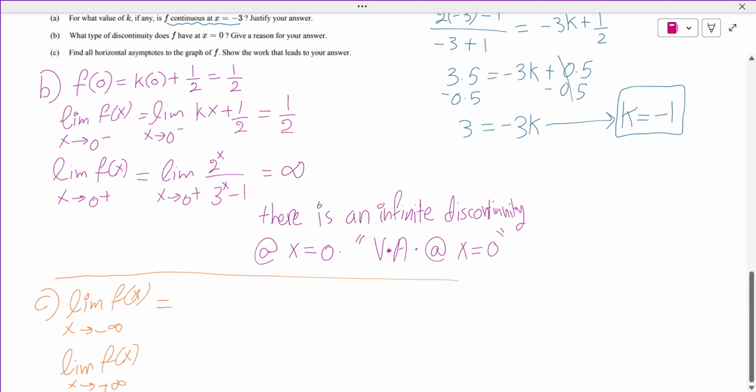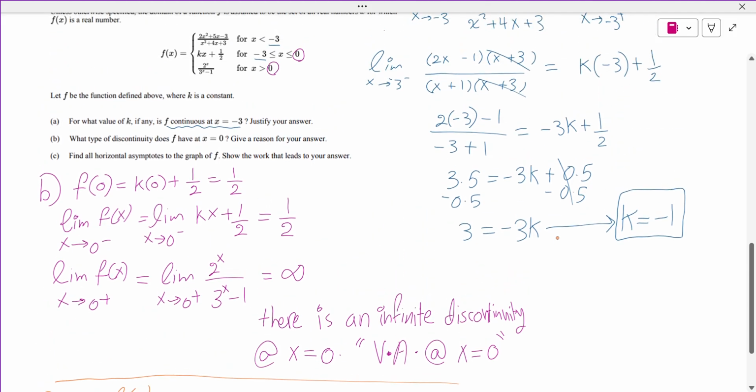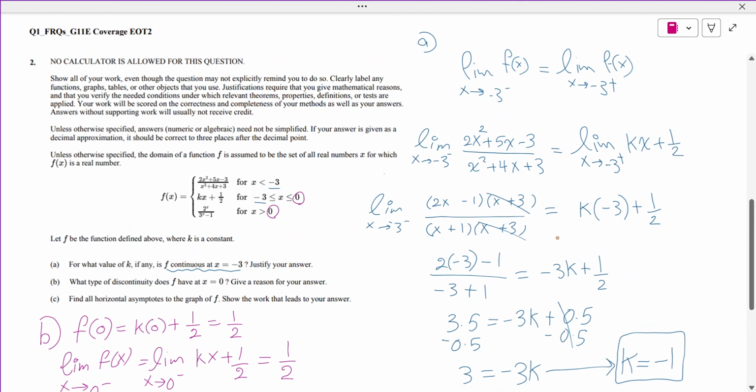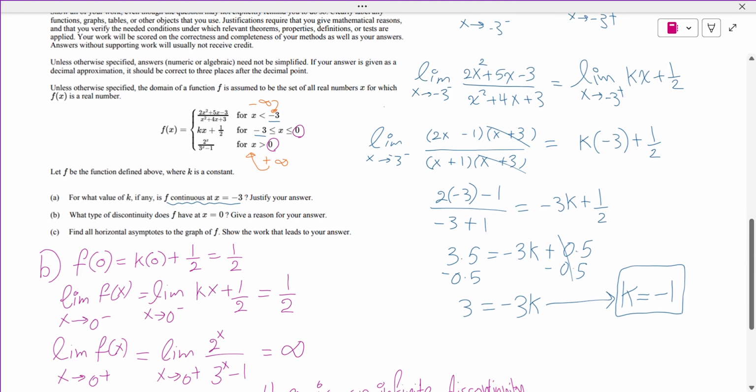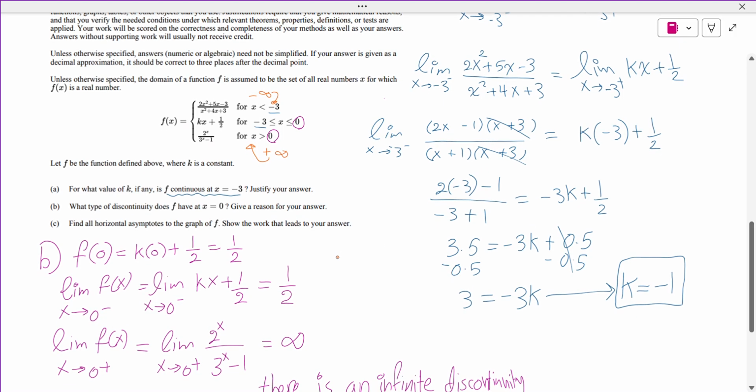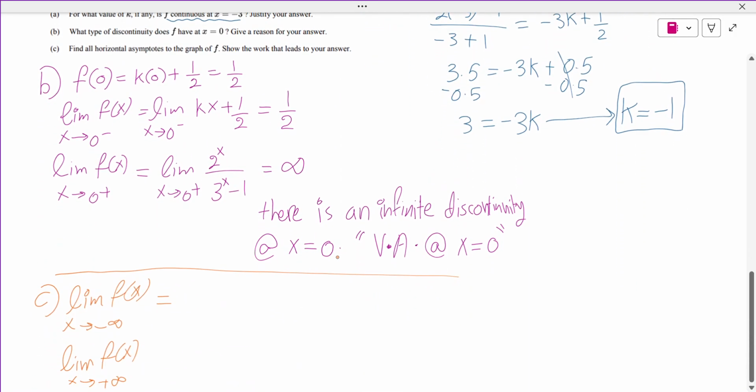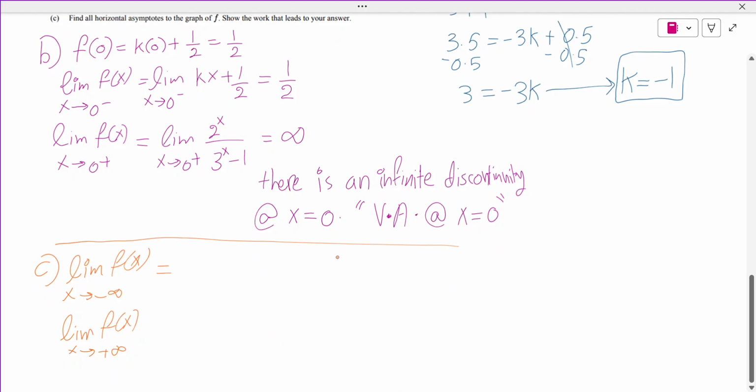So you look back at the function, minus infinity is here and positive infinity is here. So the first and the last sub-functions are going to be used.